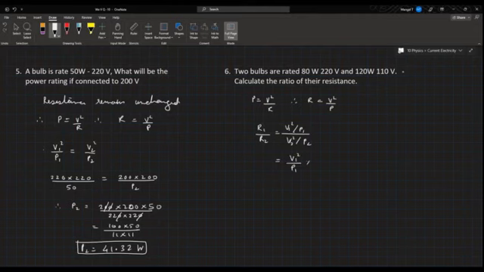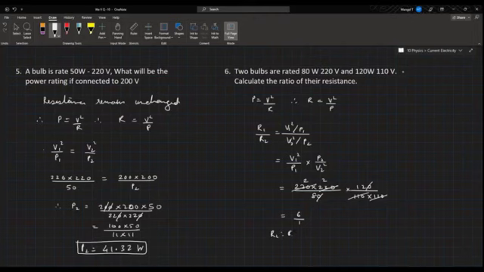V1 squared upon P1, and this is V2 squared. So that is 220, 220, and this is 80, 110, 110. So this will be 2 and 2. So what will this be? 6 upon 1, is that correct?